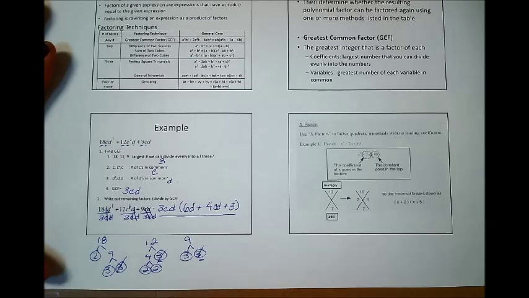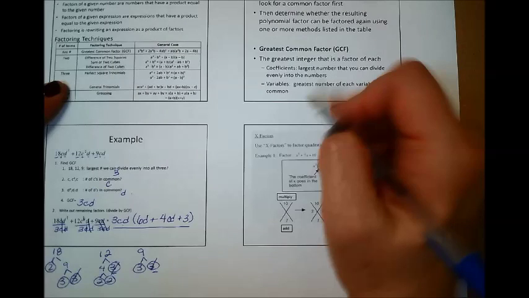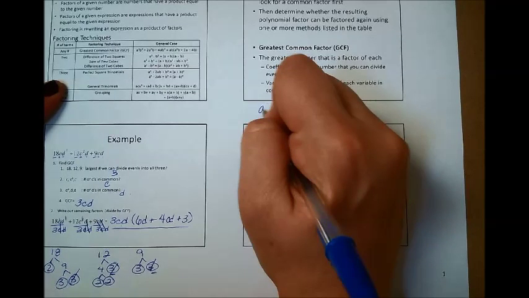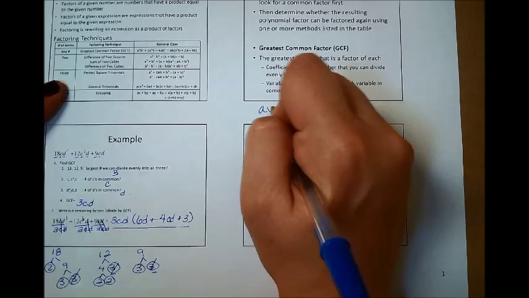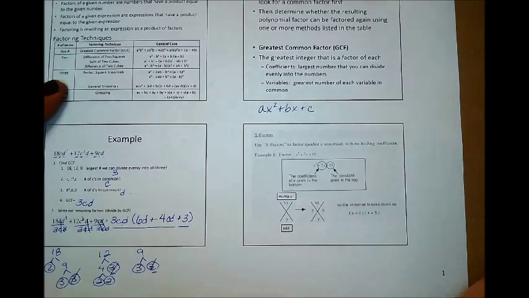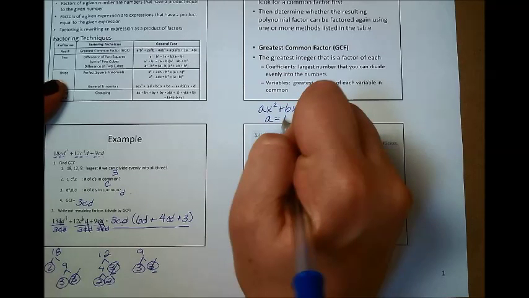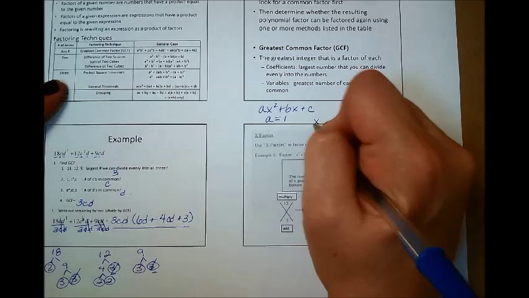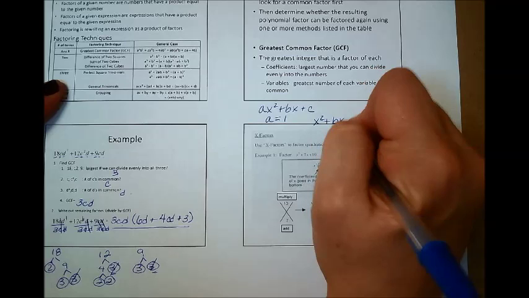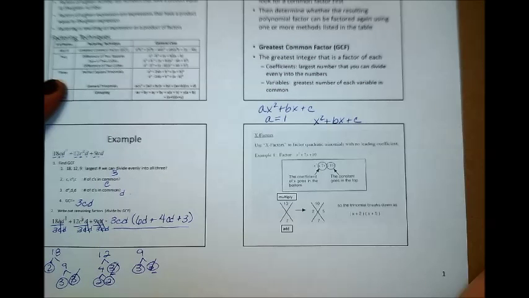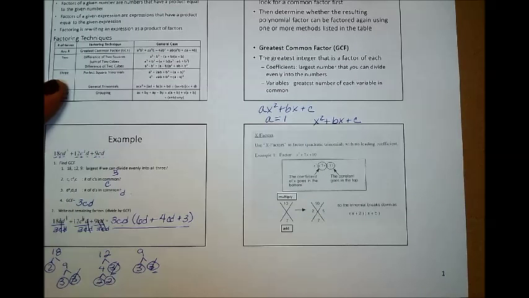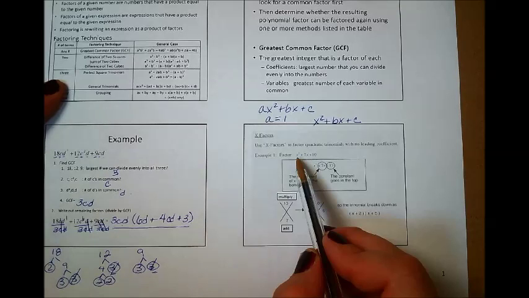All right, now, if you have a quadratic function, which is ax squared plus bx plus c, and the a equals 1, so that it really just looks like x squared plus bx plus c, like our equation down here, x squared plus 7x plus 10.